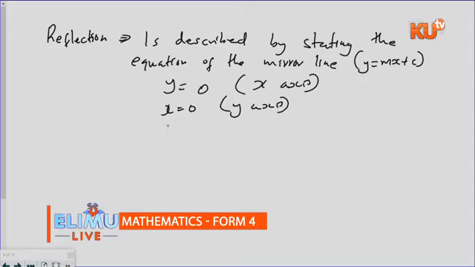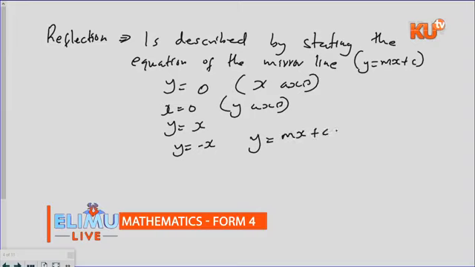We have the common line y equals x, which has a positive gradient of 1. y equals negative x, which has a negative slope of negative 1. These are common lines that we need to know when we are working out reflection. Then, plus a general equation, y equals mx plus c, that we shall also be analyzing in our lesson.